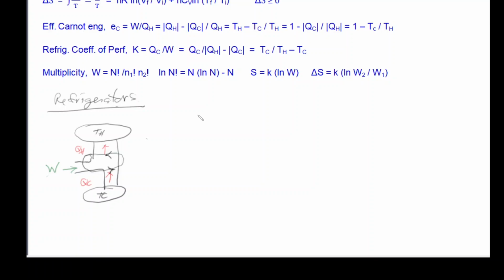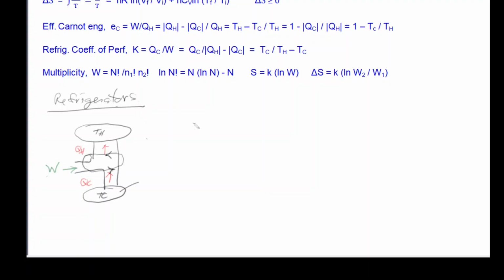And this would include air conditioners and heat pumps. So you can see the energy flow diagram here, and you can see work being done to pull energy or heat from the cold reservoir, TC, and bringing that up to the hot reservoir, which would be room air.